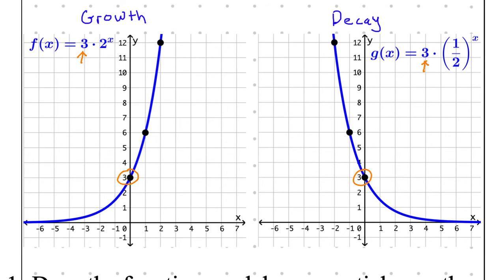What about this factor? So for this factor of 2, I have a height now of 3, and I multiply by 2 to get a height of 6, and then I multiply by 2 to go from a height of 6 to a height of 12.